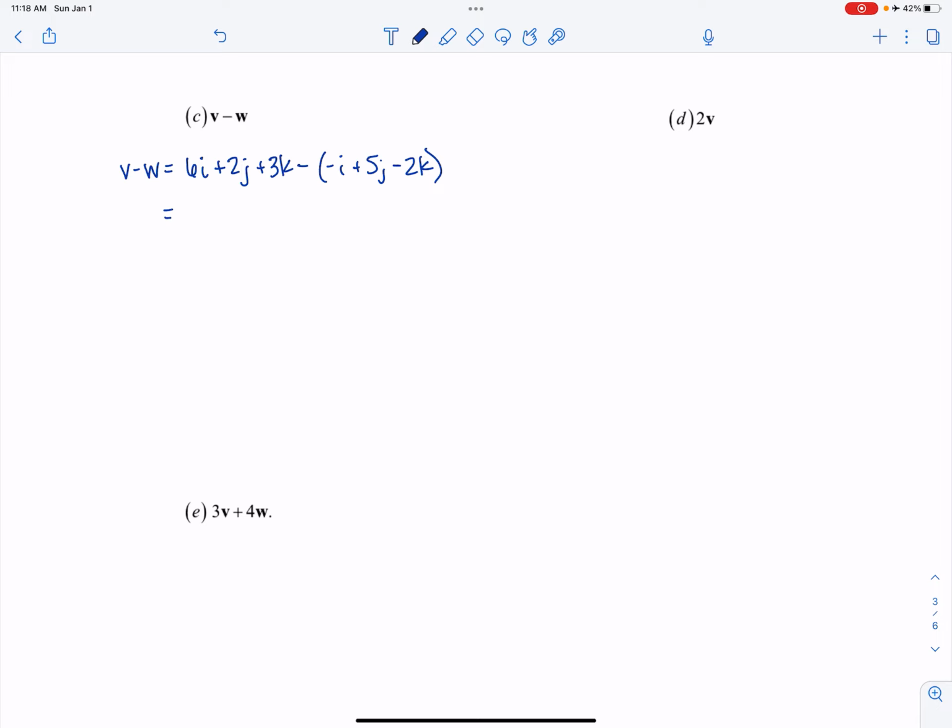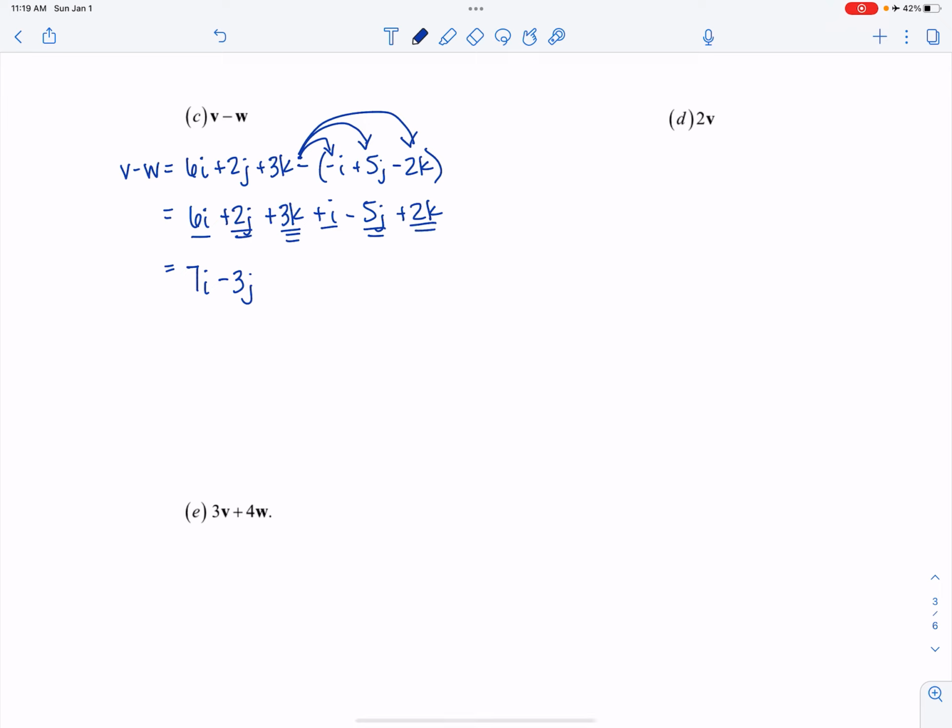I'm going to distribute this negative out to everybody so that way I don't forget about it. 6i plus 2j plus 3k plus i minus 5j plus 2k. 6i plus i is 7i. 2j minus 5j is negative 3j.